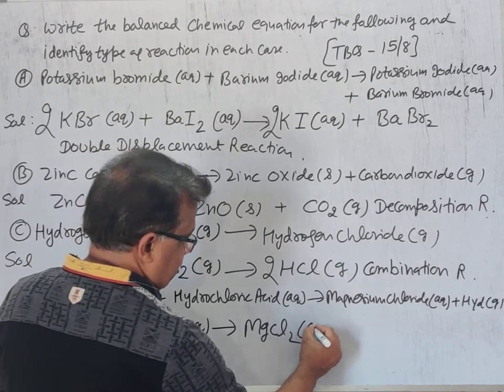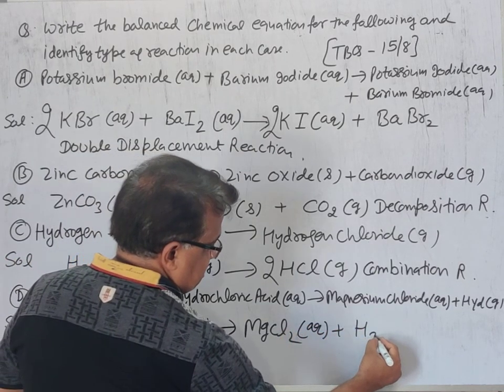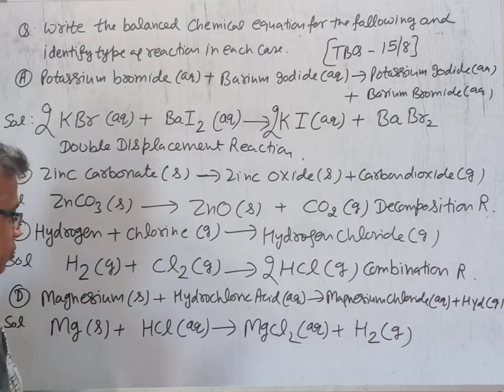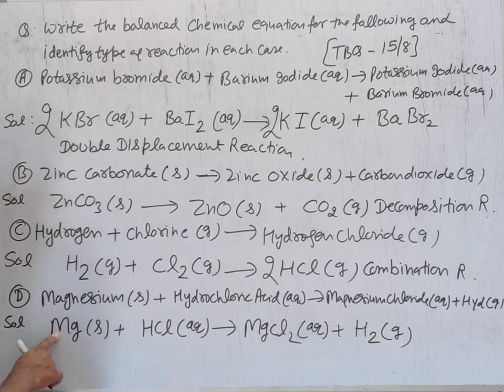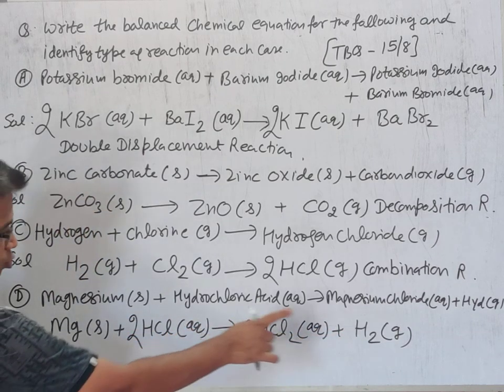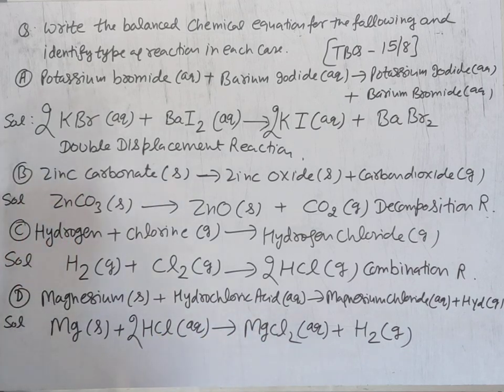Magnesium chloride, aqueous, and hydrogen, we never write H alone, we write H2, which is a gas. Now for balancing, Mg is 1 on both sides, hydrogen here 1, here 2, so we shall write 2 here. Now hydrogen becomes 2 on both sides, chlorine also 2 on both sides. So it is a balanced equation.